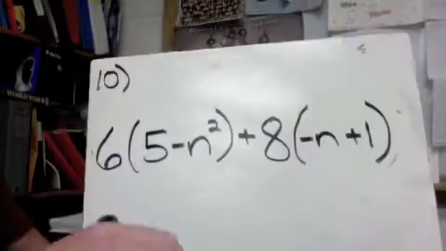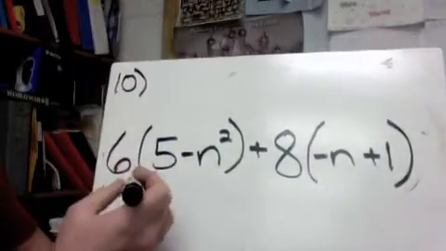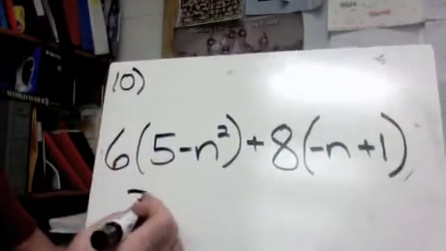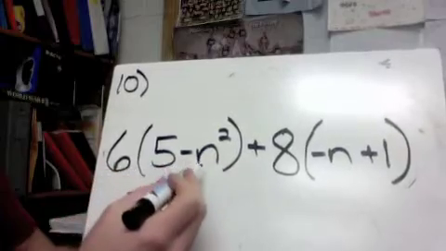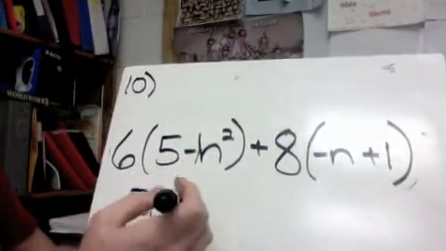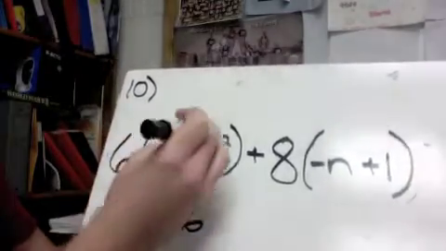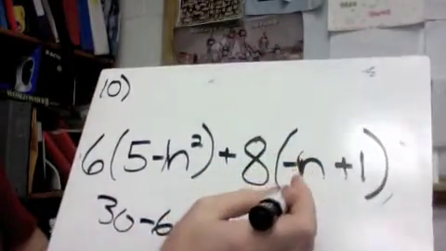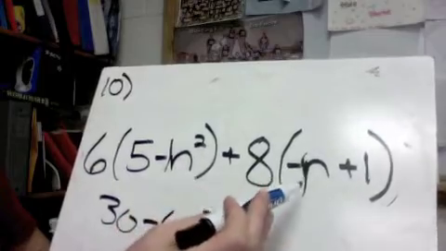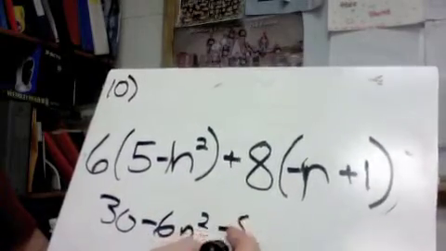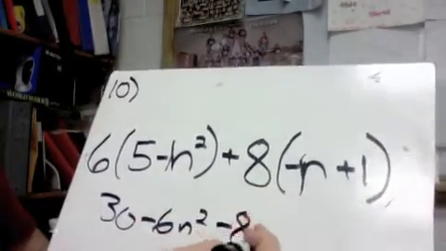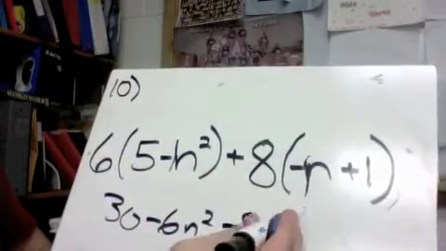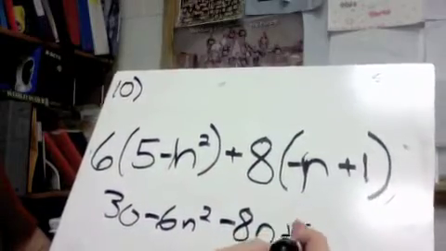Last one, number 10. 6 times 5 would just be 30. 6 times negative 1 would be negative 6, and then we'd have our n to the second power. Our 1 there. 8 times negative 1 is going to be negative 8, and then it's going to be n. And then it's just 8 times 1, and it's going to be 8, so it'll be plus 8.